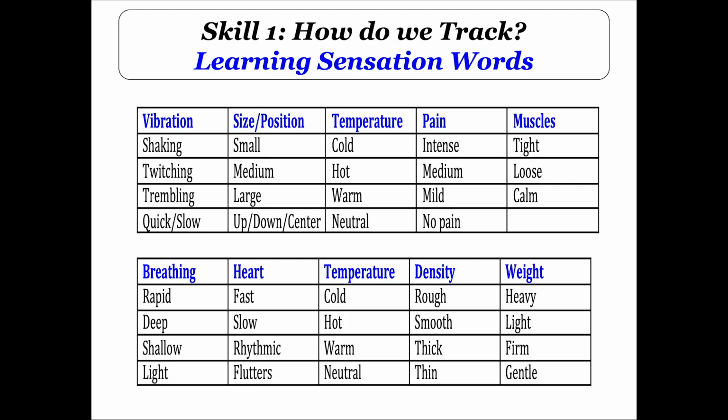This is not an exhaustive list, but I would encourage you to use it as some examples so that when you start tracking and tuning in, you can be more aware of the different changes that are taking place, whether it's muscle vibration, pain, temperature, heart rate, or breathing. These are all examples.